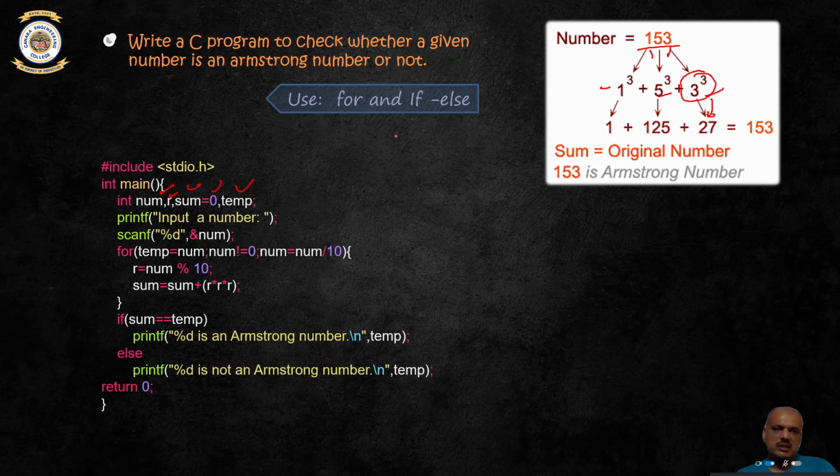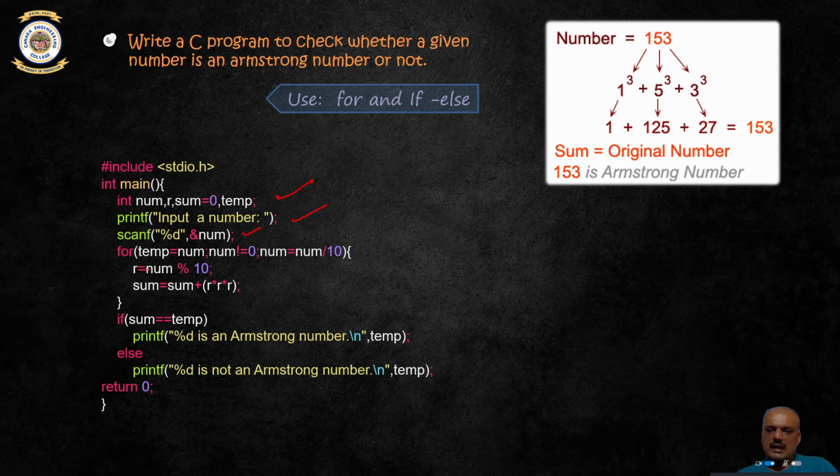Initially the value of sum is 0, because otherwise you will have problems, since sum by default will have some junk value, so better to initialize it to 0. Having all the variables defined, I ask the user for the number and read the number.